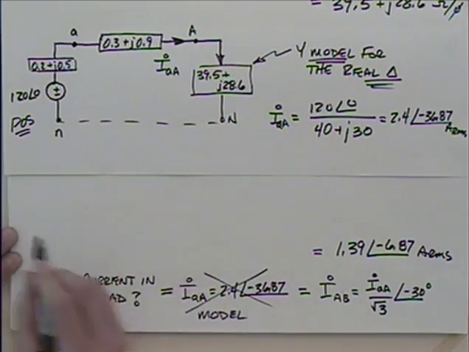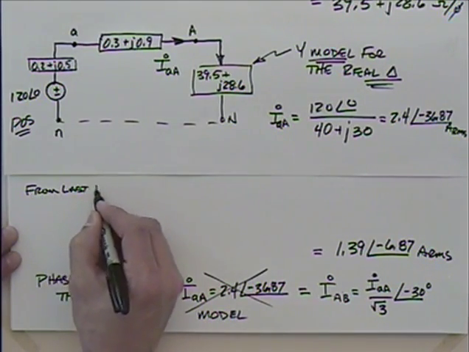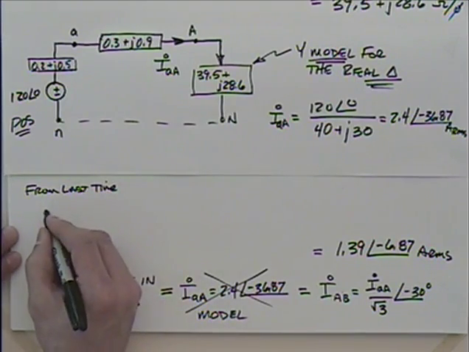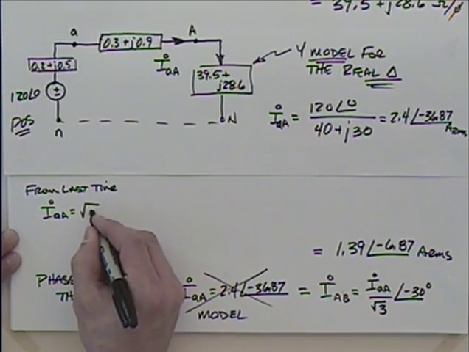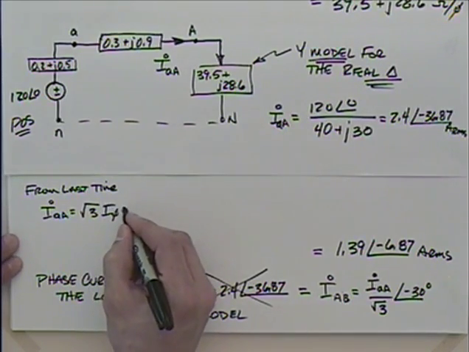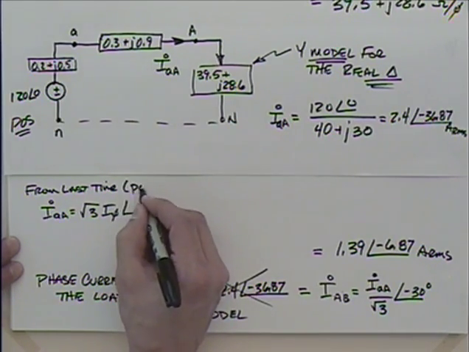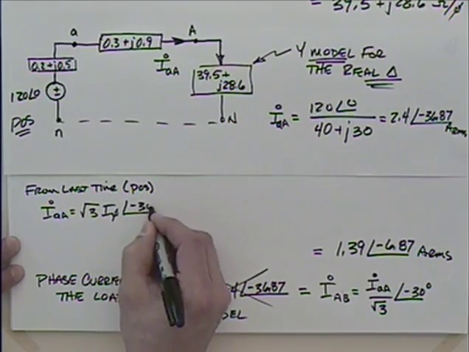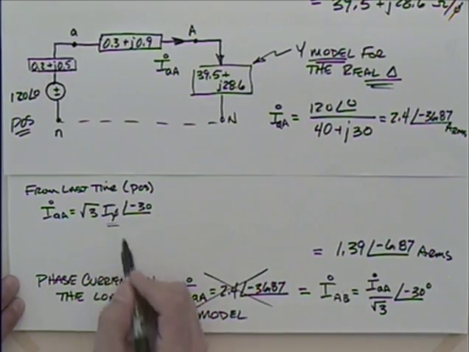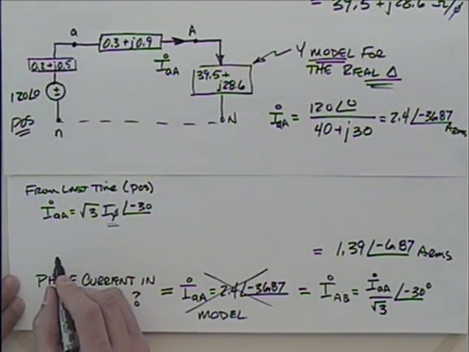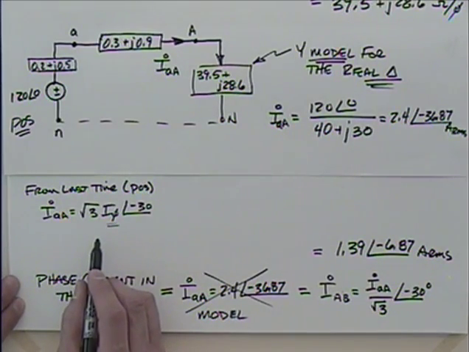If it was positive phase sequence from last time, didn't I have the example that I little a big A was equal to the square root of 3 times I phi, and with positive, subtract 30. Okay. But we're looking for this guy here, aren't we? So, yeah, the example that I just did a few minutes ago, we used voltage, and voltage is different than current.